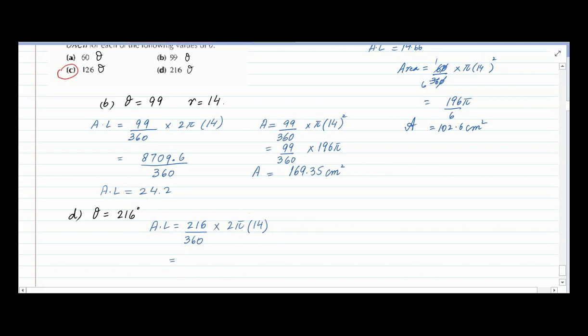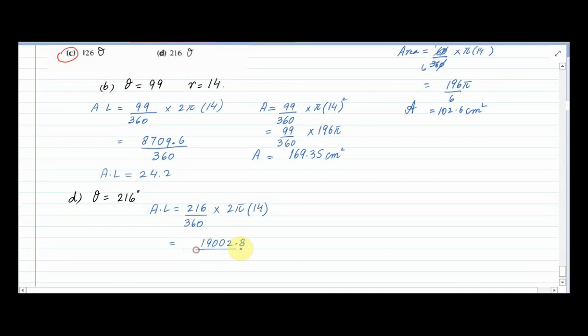So solve it. 216 times 2 pi times 14 is 19,002.8 divided by 360. So when you divide it, its value is 52.8 centimeter, right?